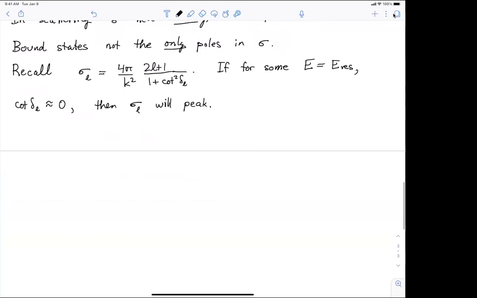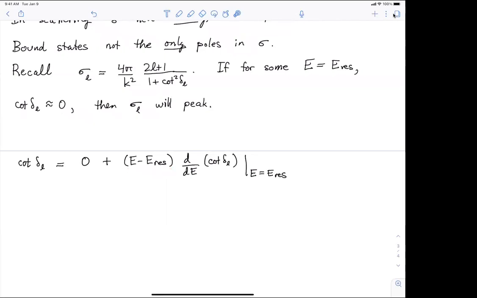Okay, and so now if we look at energies in the vicinity of that resonance, then this is 0 plus expanding in a series, E minus E resonance. This is just what you get when you do a Taylor series expansion. So if you do the derivative of the cotangent of the phase shift with respect to energy, and you plug in E equals E resonance, that's going to give you the linear term.